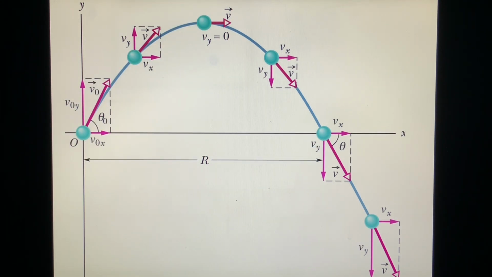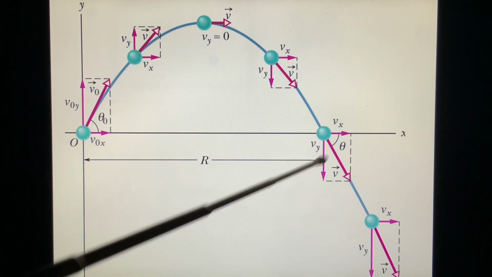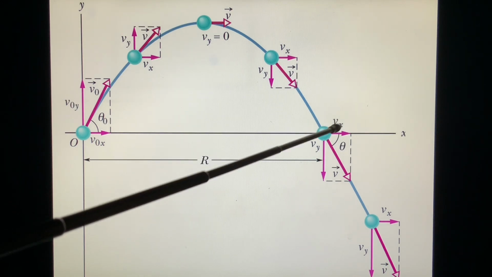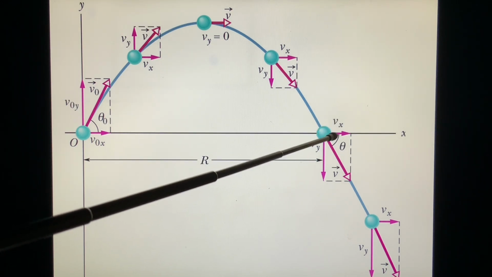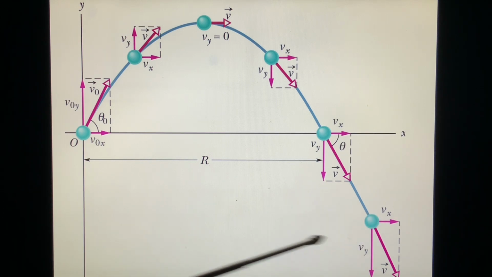Vertically, you have downward acceleration, the free fall acceleration, which is constant. The velocity goes slower and slower to zero, then you turn around and it gets bigger and bigger. Each time, the velocity is a combination of horizontal and vertical components.